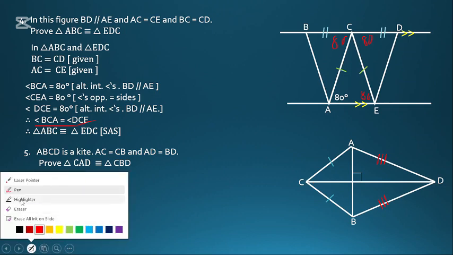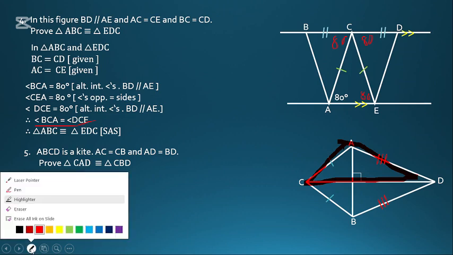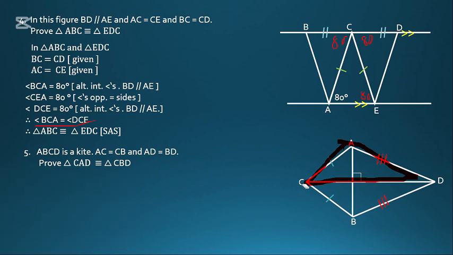Let me take my highlighter. You must prove that this triangle here is equal to this one here at the bottom. Okay, let me just erase it again.